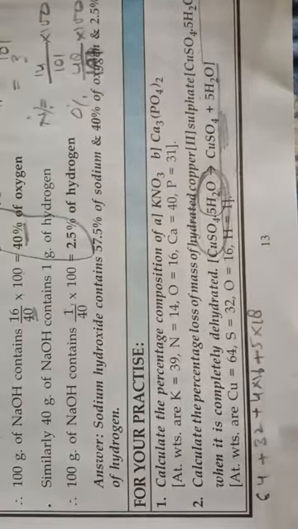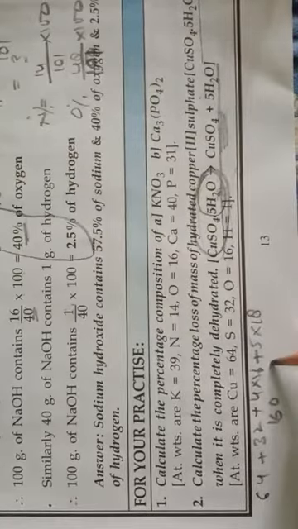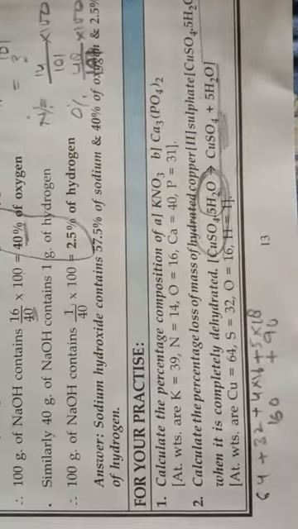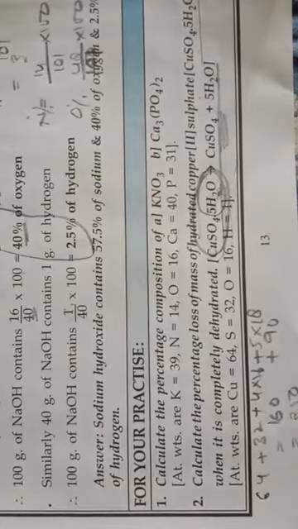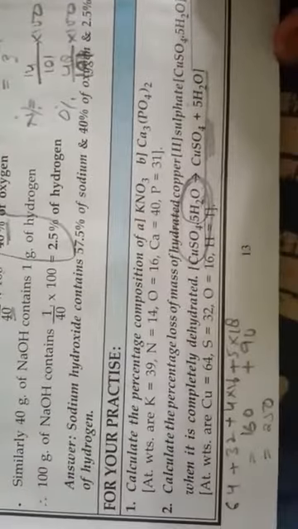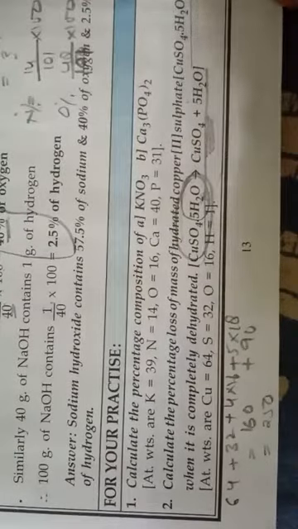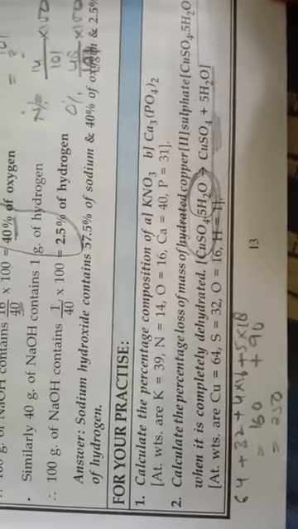Okay children, so this will be equal to 160 plus 90, total 250. So the molecular mass of copper sulfate pentahydrate is 250.